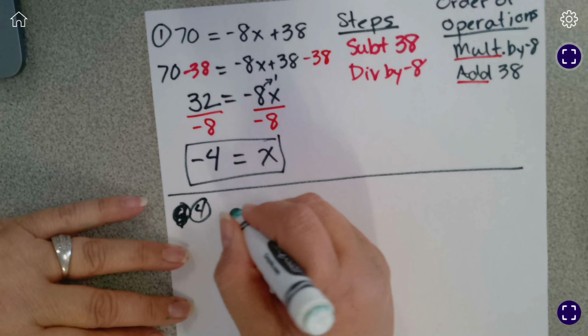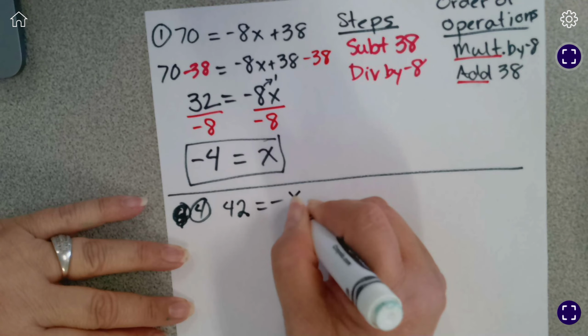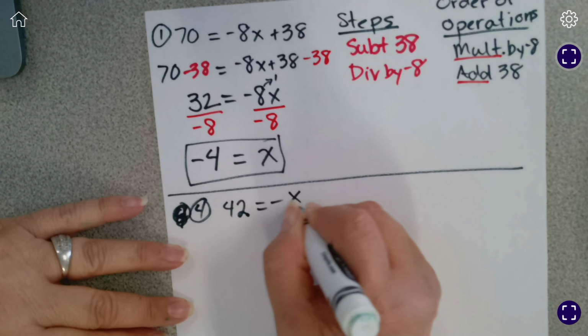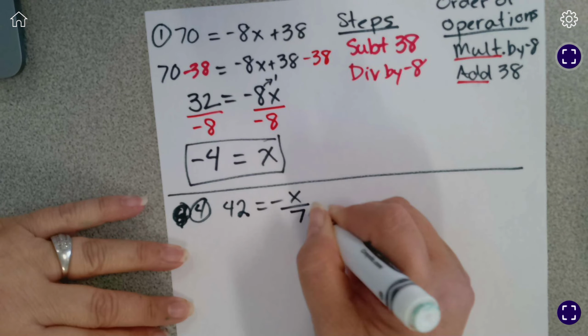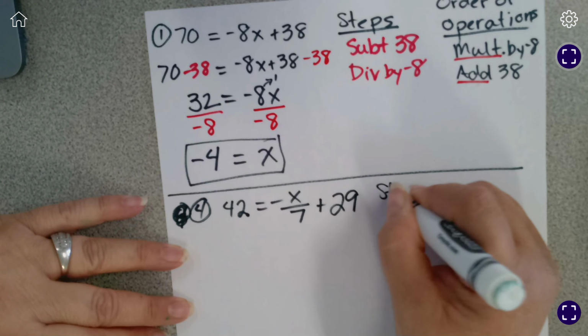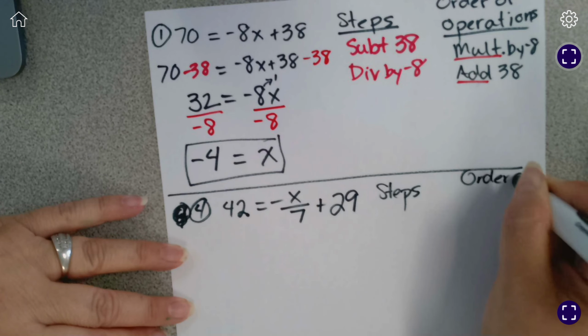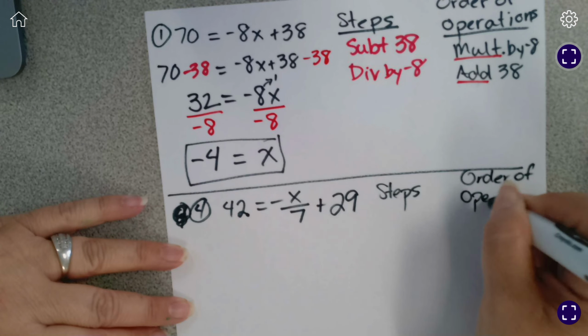So this is 42 equals x divided by 7 plus 29. Again, we do our steps, and then order of operations.